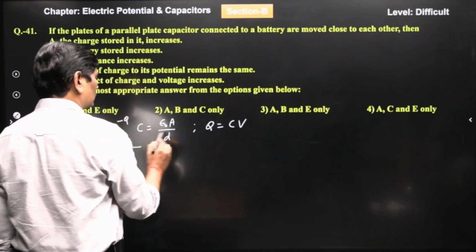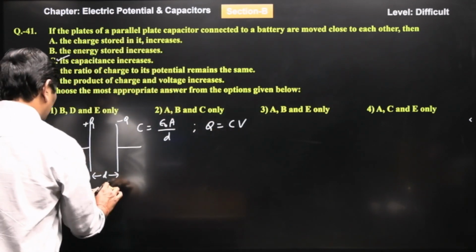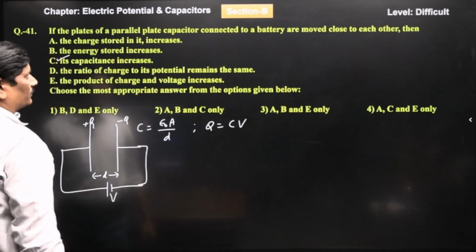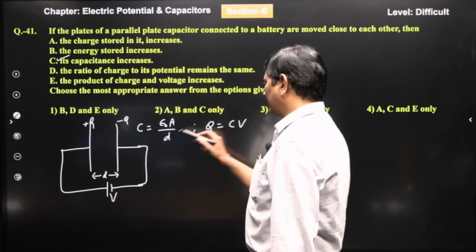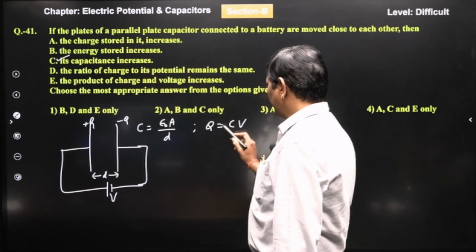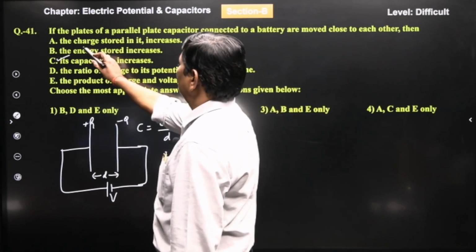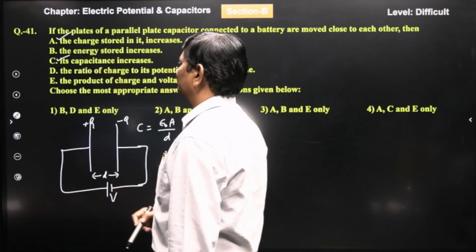It is connected to a fixed battery, so the potential difference is constant. V constant, C increasing, Q increases. Charge increases. See the first option, the charge stored in it increases, that is correct.